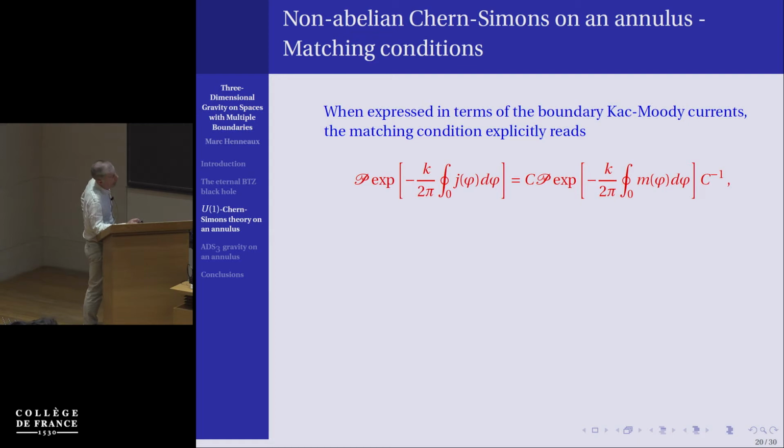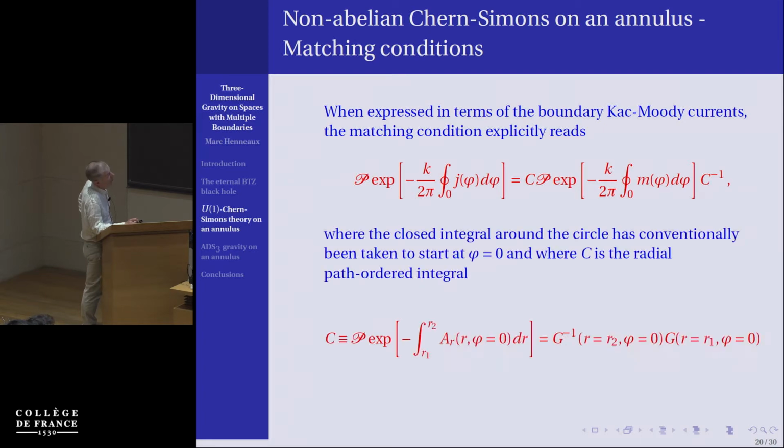And so actually, I will first write them. So the path-ordered exponential would be the holonomy around the outer boundary, and this would be the holonomy around the inner boundary. Recall that this is a phi, this is a phi, and then they are just conjugate, conjugated by the radial Wilson line, which I have called C. So let me show the picture.